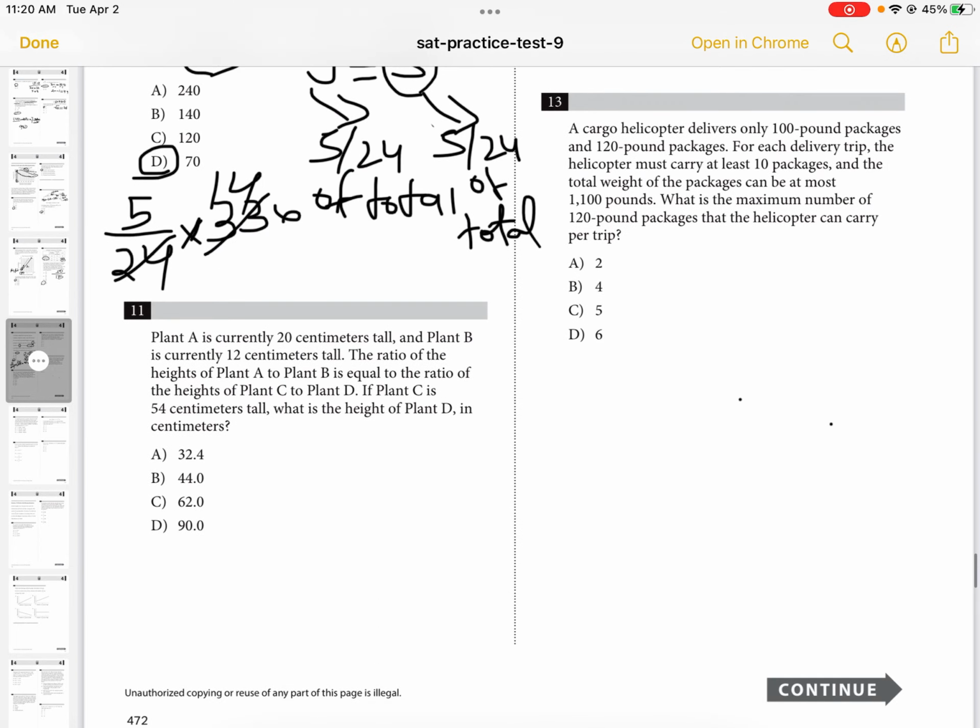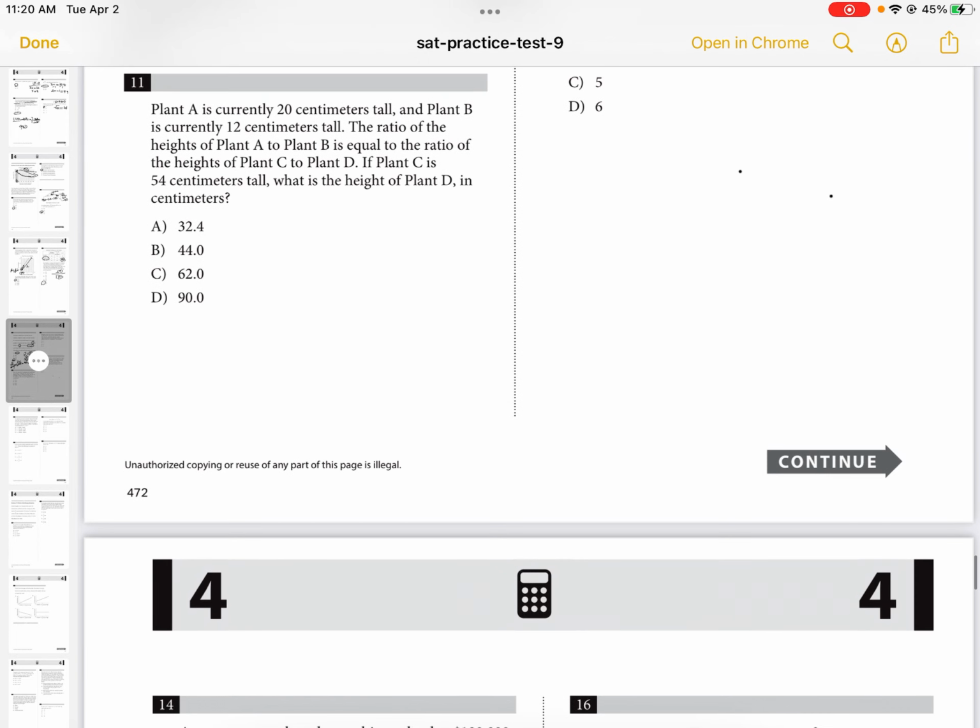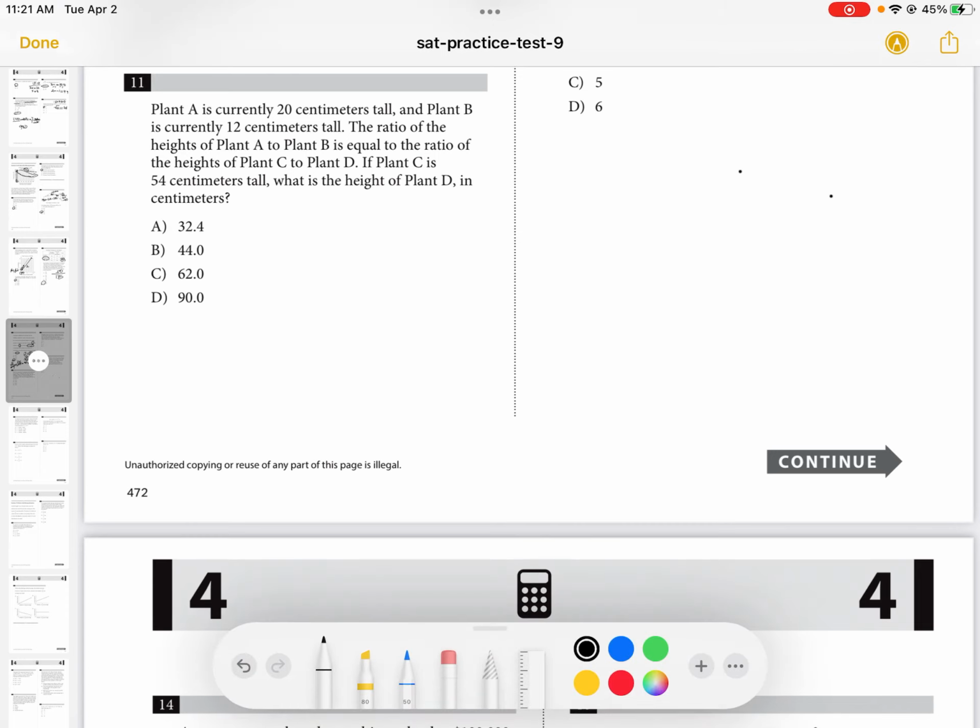Number 11, yep. Plant A is currently 20 centimeters tall and plant B is currently 12 centimeters tall. The ratio of the heights of plant A to plant B is equal to the ratio of the height of plant C to plant D. If plant C is 54 centimeters tall, what's the height of plant D in centimeters?